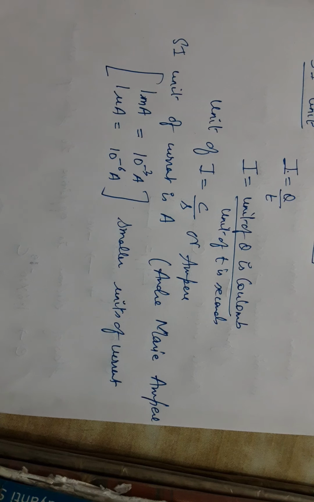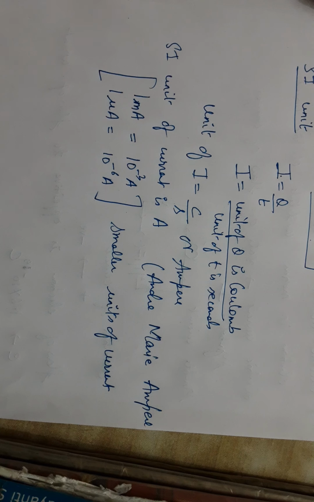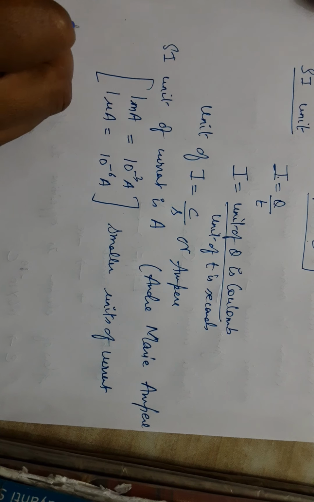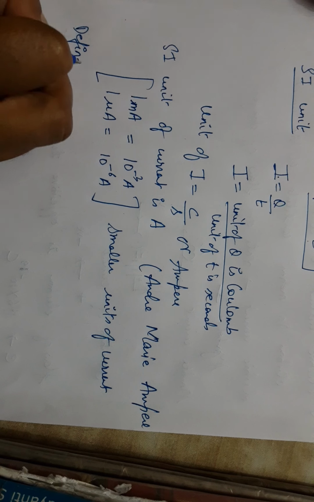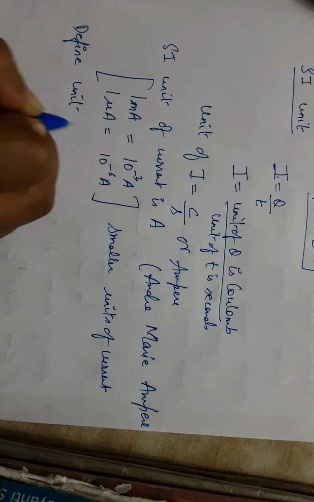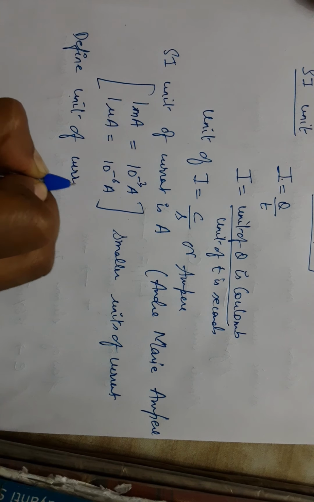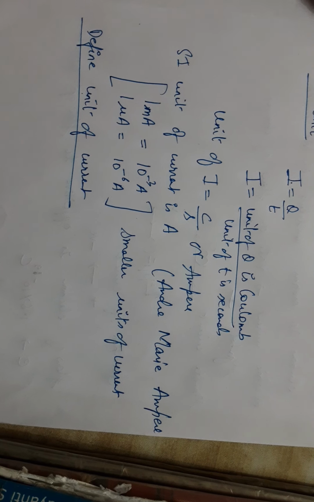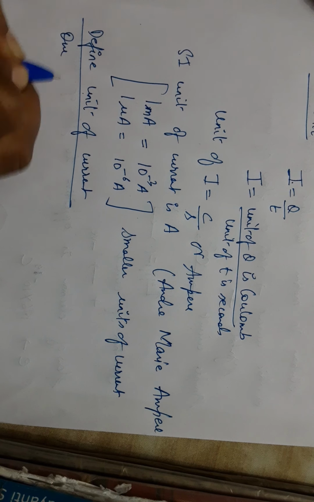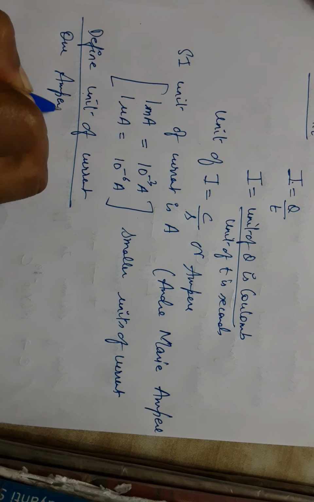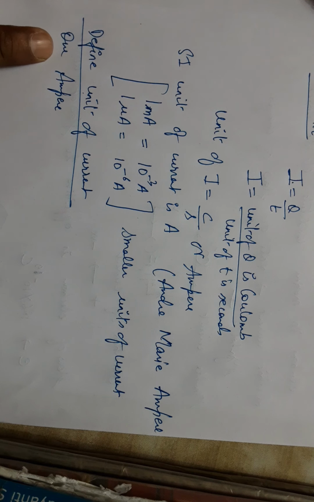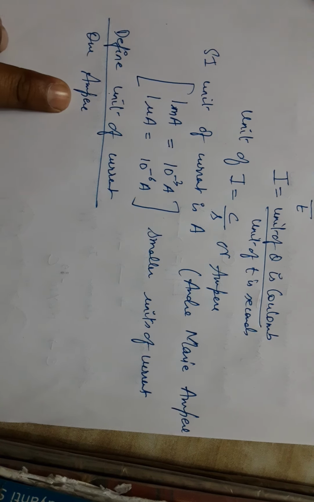Now many times the question comes: define unit of current. जब ये क्वेश्चन आएगा कि यूनिट ऑफ करंट को डिफाइन करिए, तो आप डिफाइन करेंगे 1 एम्पियर. Whenever the question comes to define unit of current, you have to define 1 ampere.